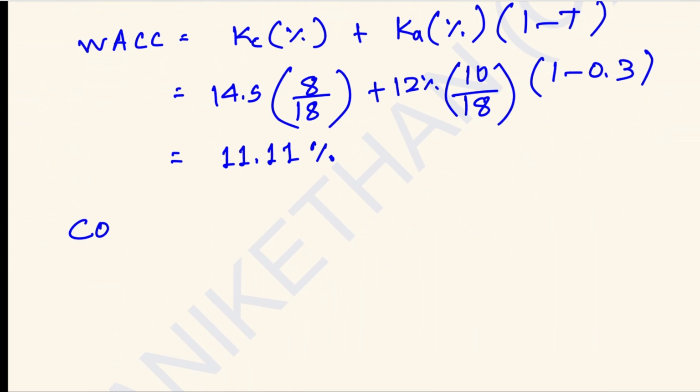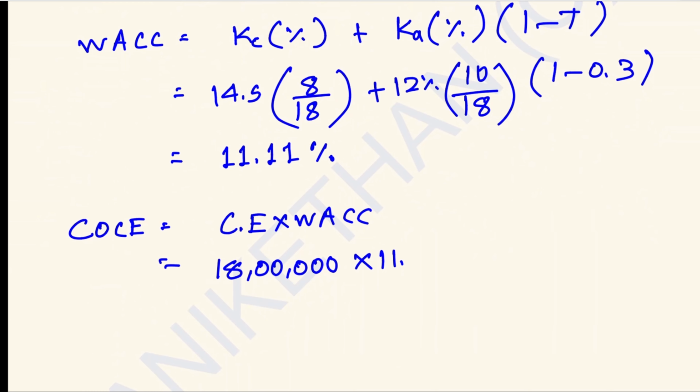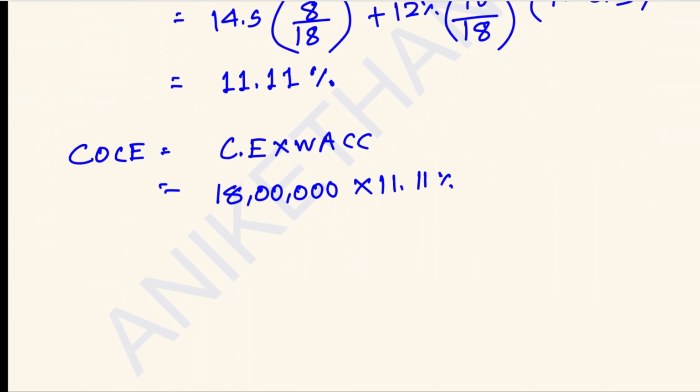So your cost of capital employed is capital employed into WACC. Capital employed is 18 lakh in this case into 11.11 percent. This you will get as 1,99,980. So this is the second part of your EVA equation.